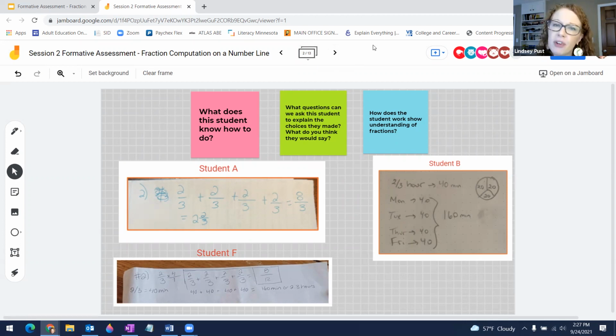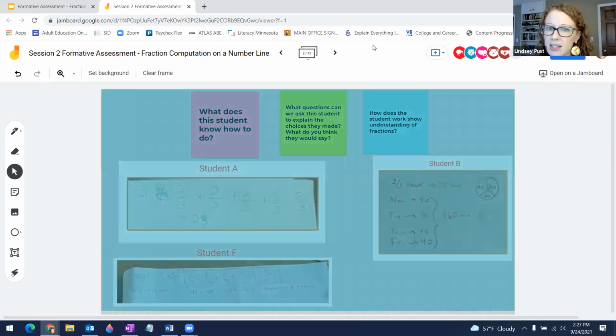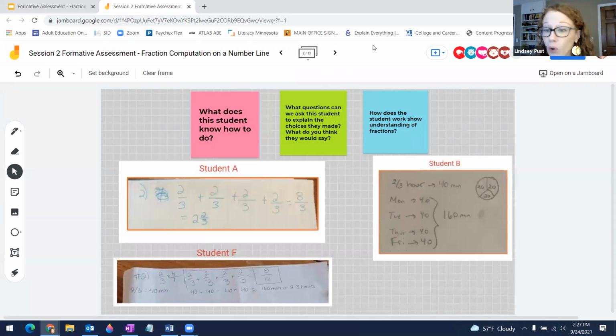So here are some specific questions we can ask when we're thinking about these pieces of work. What does this student know how to do? What questions can we ask this student or these students to explain the choices they made? What do you think they would say?